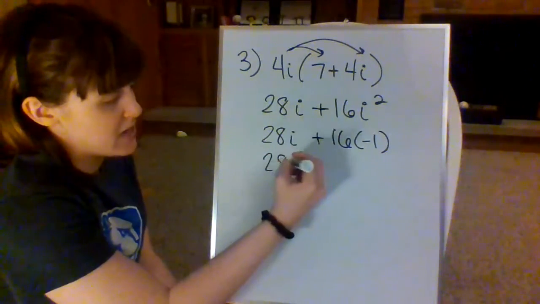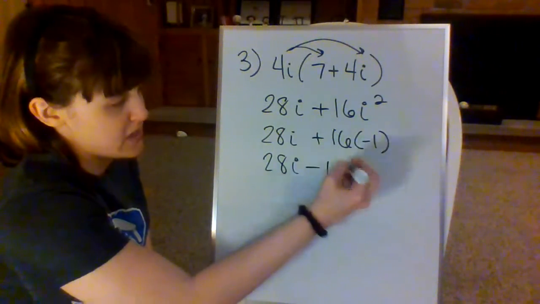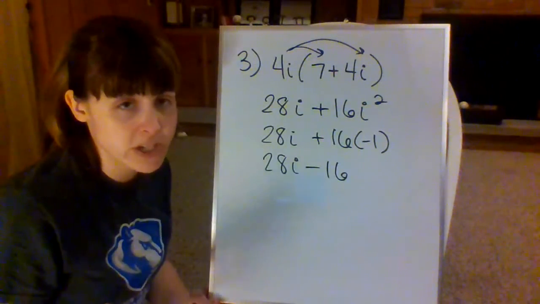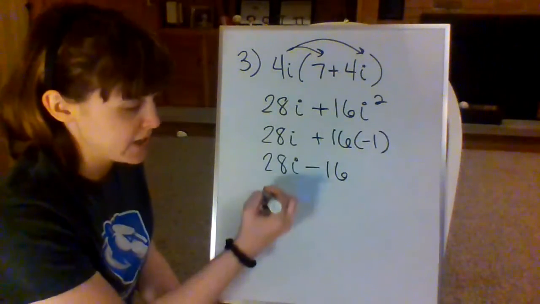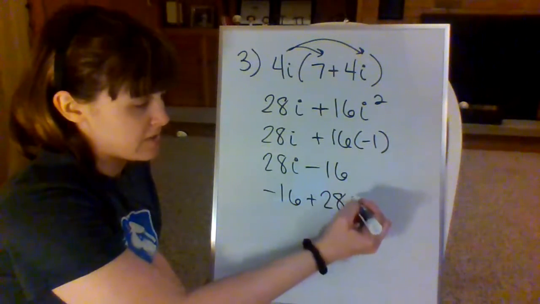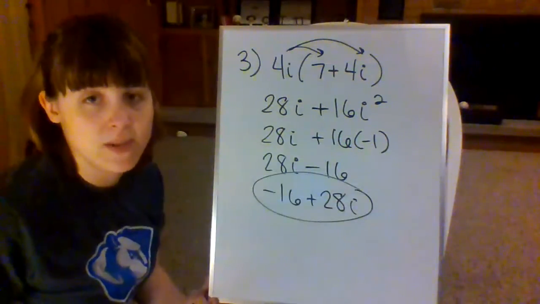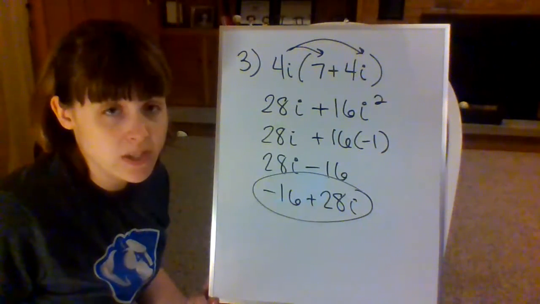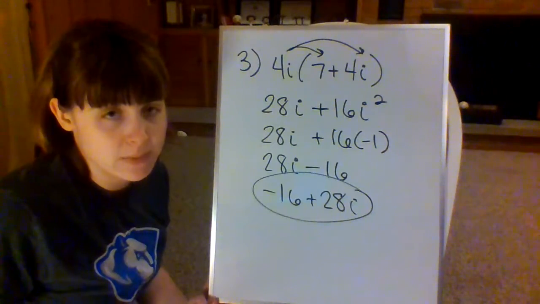Alright, so we have 28i minus 16. And usually in a complex number, the real portion comes first. So we're going to write it like this. Negative 16 plus 28i. Okay. So there we just did the distributive property and then we simplified.